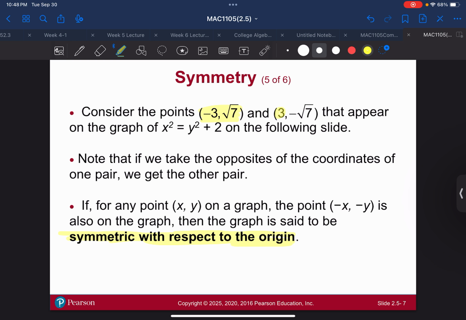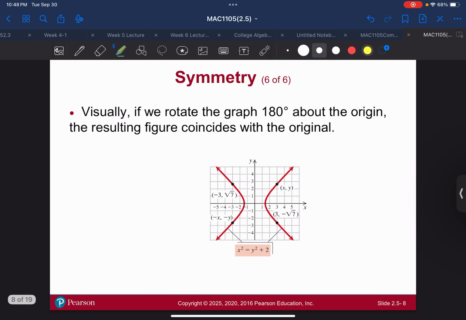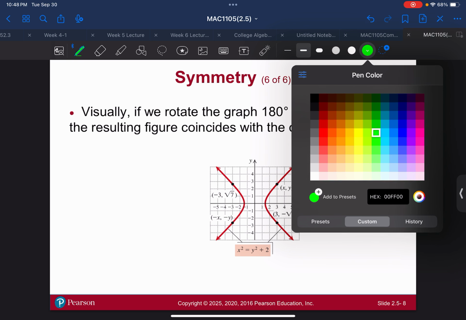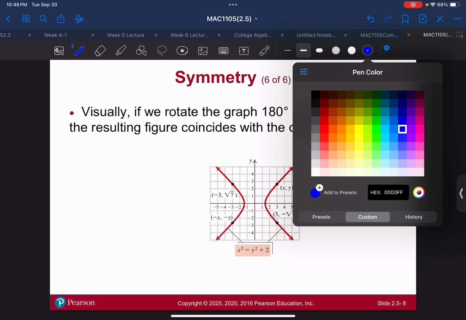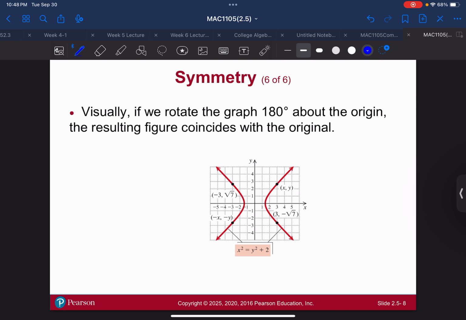So the -3 will change to positive 3 and the y will change to negative. And that's what this says here. For this example, these points come from the function x squared equals y squared plus 2. So if we look at a picture of that graph, we see those 2 points there.